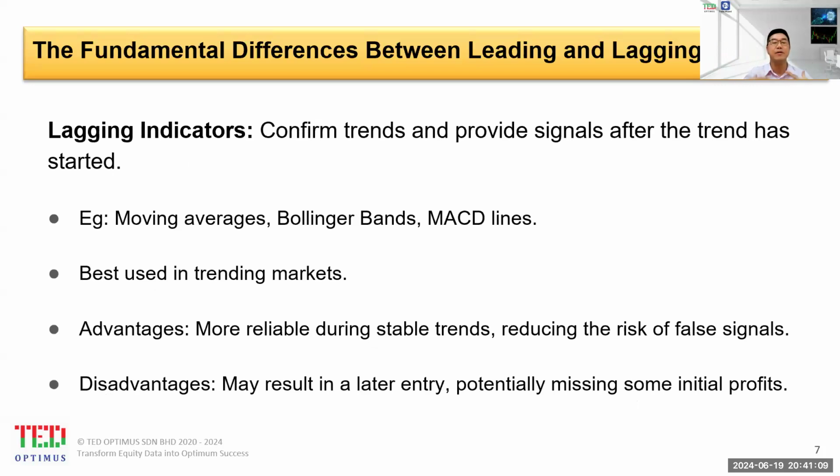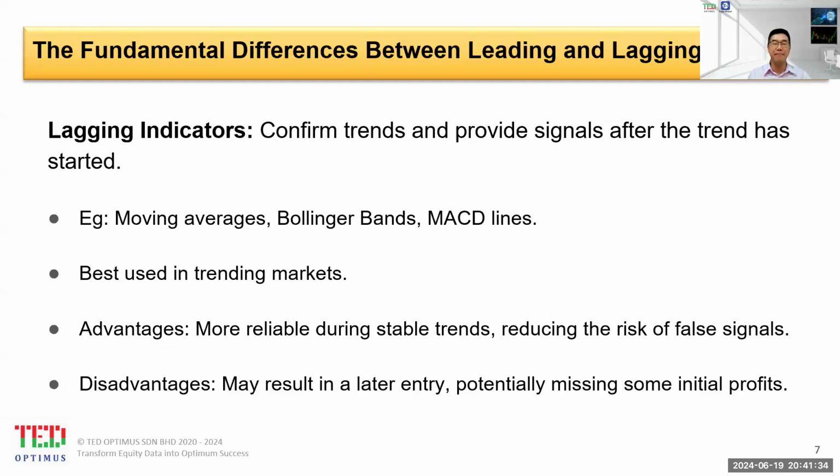For example, moving average, Bollinger Bands, and MACD lines. All of these have built-in averaging effects. For example, I believe you realize that the Bollinger Bands' so-called basis or mid band is actually a 20 period moving average.